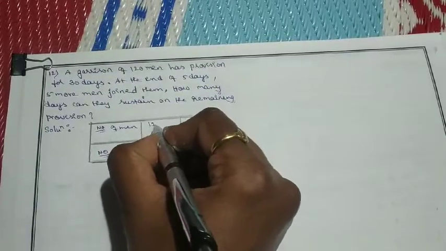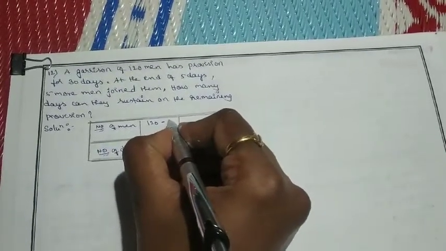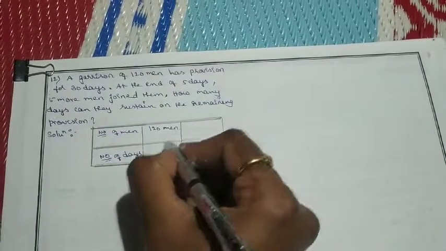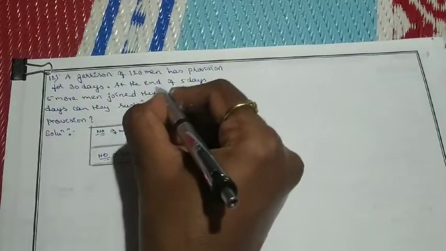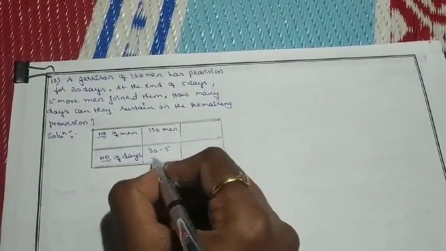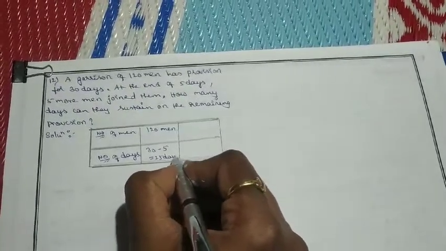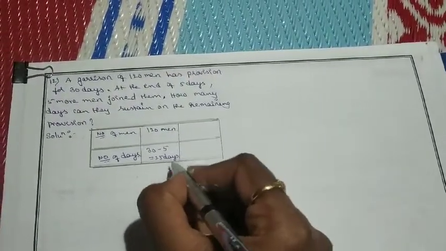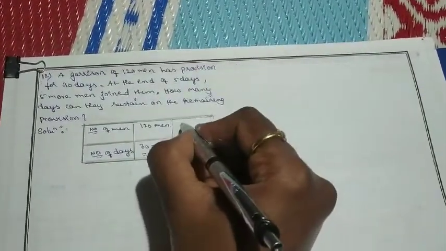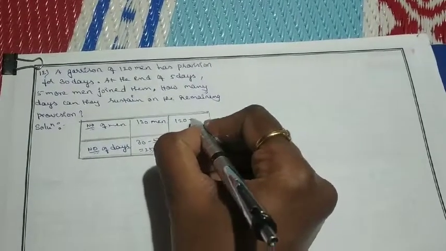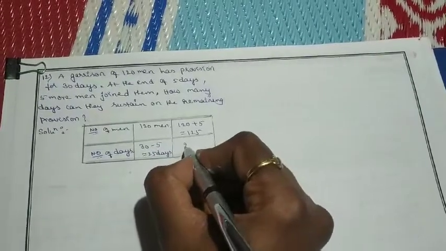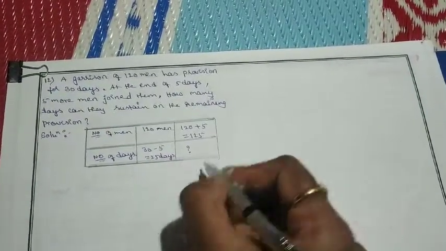So 30 minus 5 equals 25 days. Actually the provision lasts for 25 days. But if 5 more men joined, the number of men becomes 120 plus 5 equals 125. Then the provision ends in how many days?